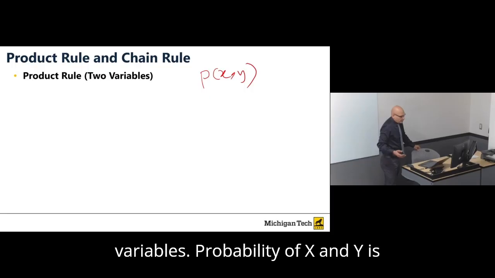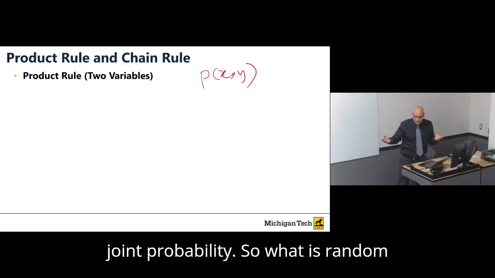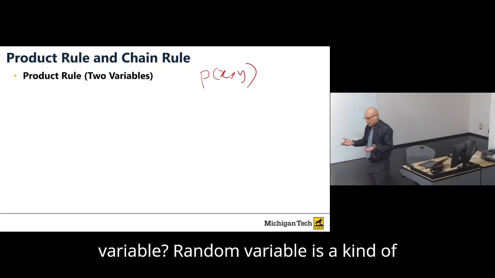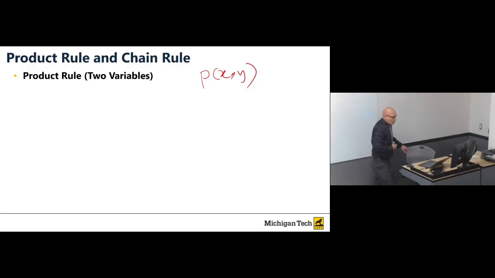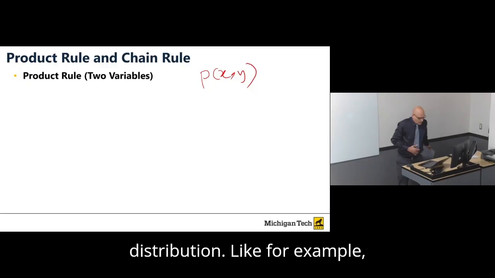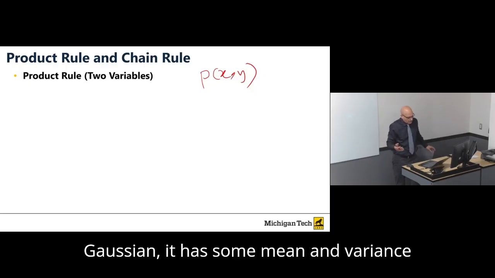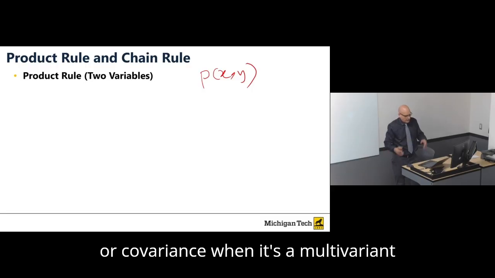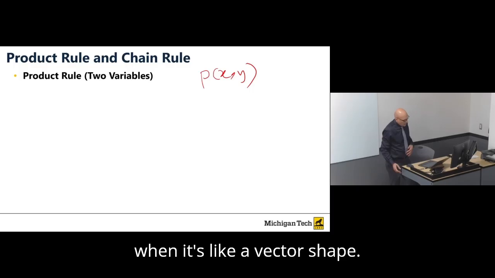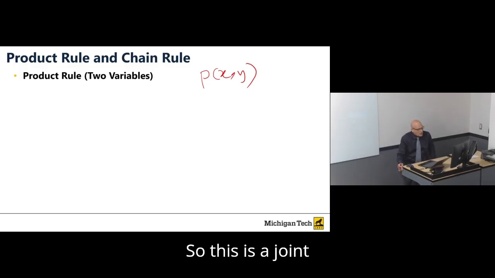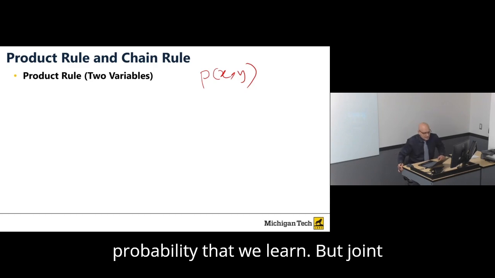Probability of x and y is joint probability. So what is a random variable? A random variable is a kind of variable that has a distribution. It's not certain. It has some distribution, like, for example, Gaussian, which has some mean and variance, or covariance when it's multivariate, like a vector shape.